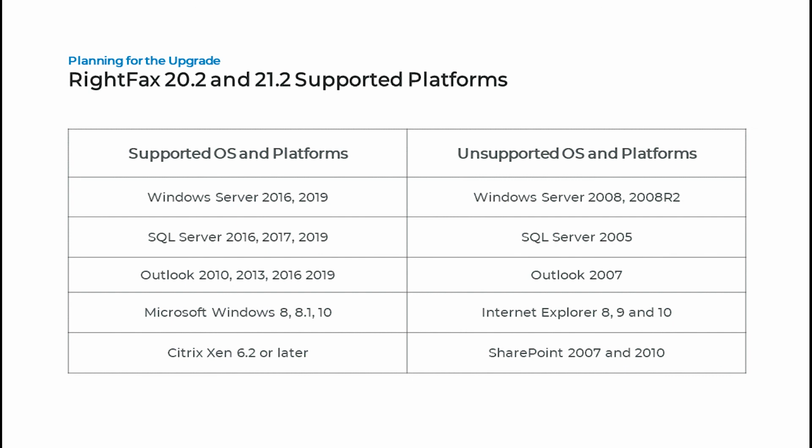One of the most important steps when planning a successful upgrade is to understand which platforms are supported. For RightFax 20.2 and 21.2, we see that we support Windows 2016 and 19, SQL Server 2016 through 19, Outlook 2010 through 19, desktop application from Windows, Microsoft Windows will be version 8, 8.1, and 10, and Citrix Zen 6.2 or later.